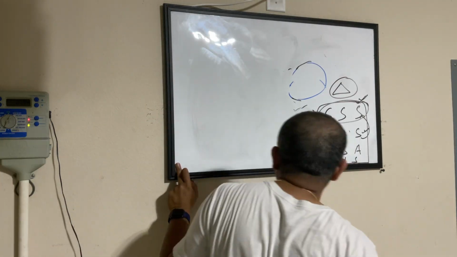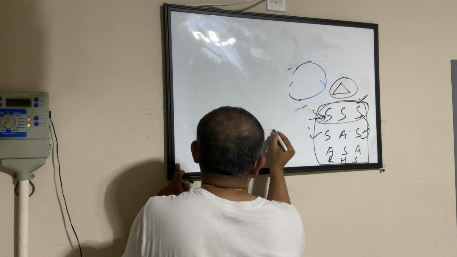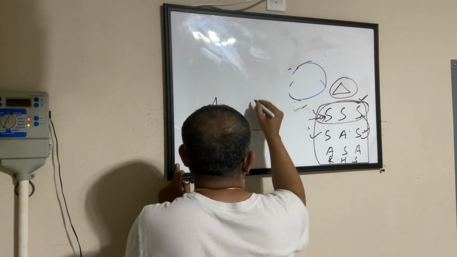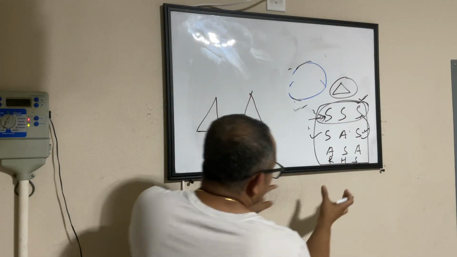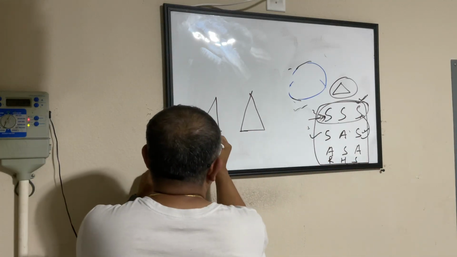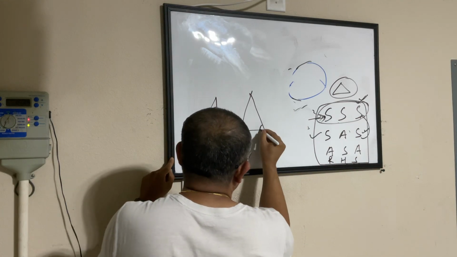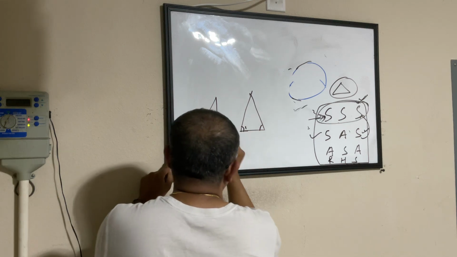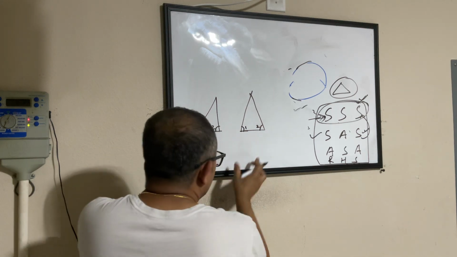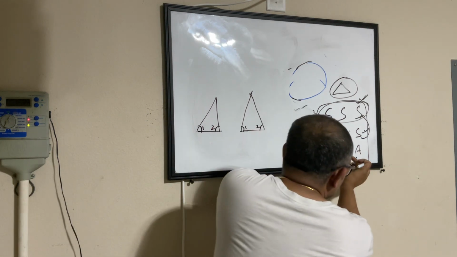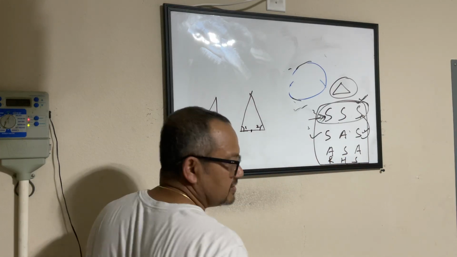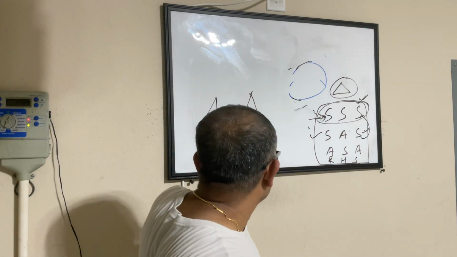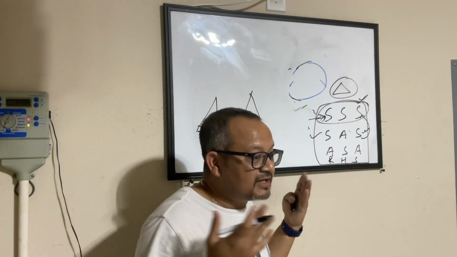We are saying that two triangles will be congruent if two angles match, let's say this angle and this angle, this angle and this angle. So this is one, this is also one, this is two, this is two. If the two angles match and the side between them, so this side is equal to this side, if these are the same, then the triangle is congruent.